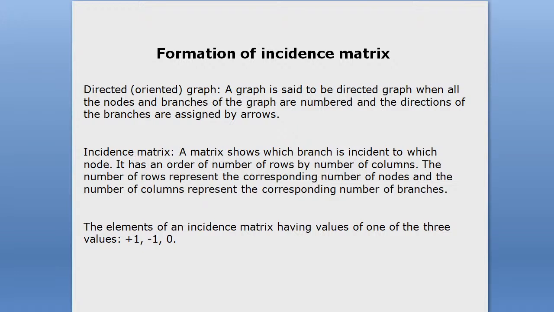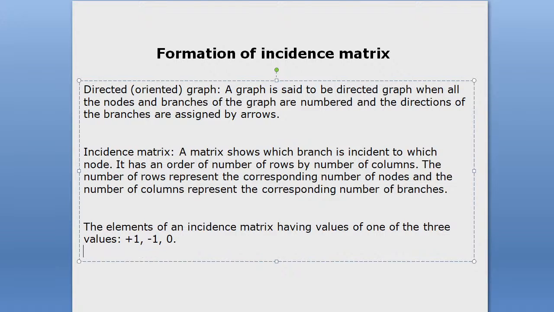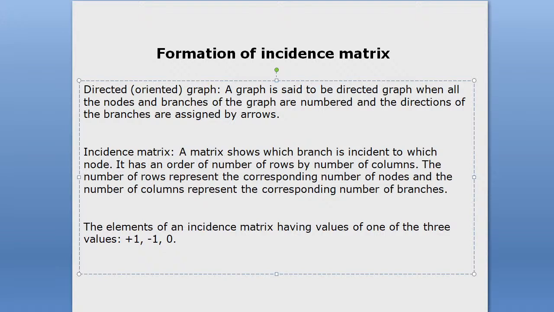When will the element of the incident matrix be 1, when minus 1, and in which case will it be 0? You see, there are two cases. Either the branch is incident to the node or the branch is not incident to the node.